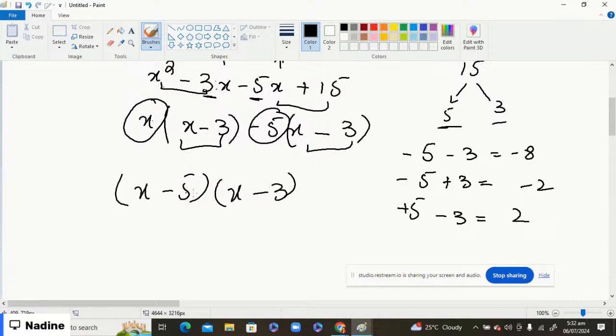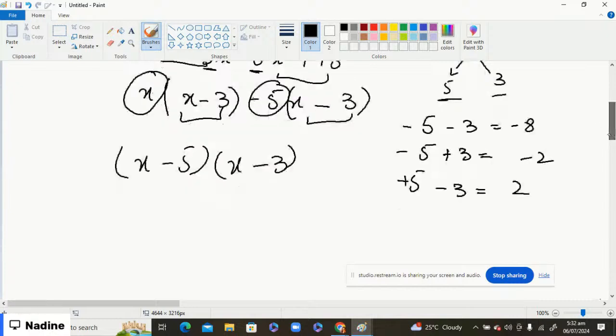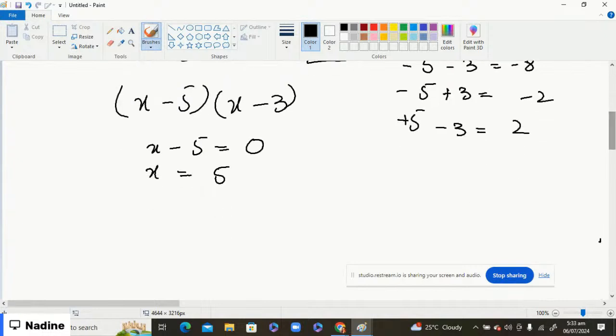Now how to find the values of x? For finding it, x minus 5 is equal to 0. So x is positive 5. Second, x minus 3 is equal to 0.